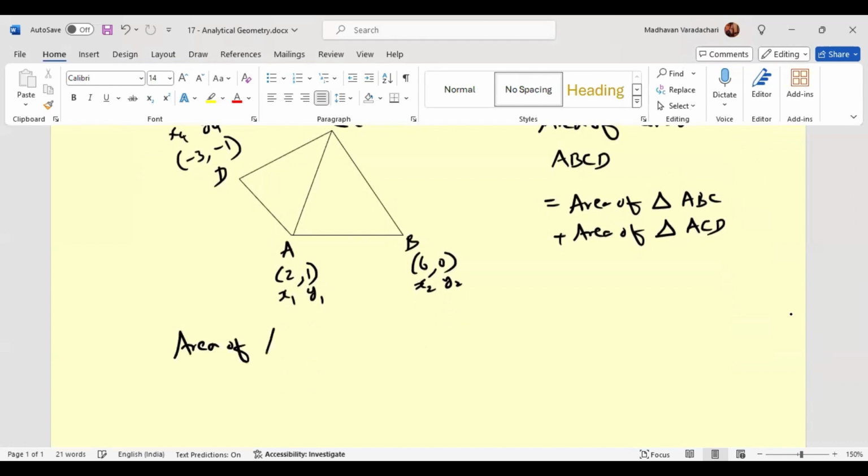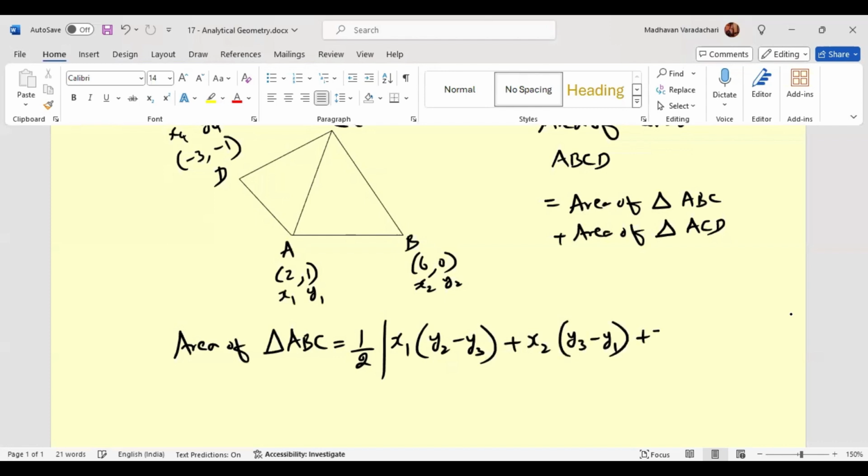Area of triangle ABC is 1/2 times modulus of x1 times (y2 minus y3) plus x2 times (y3 minus y1) plus x3 times (y1 minus y2) under modulus.